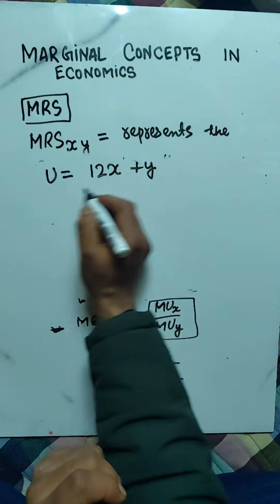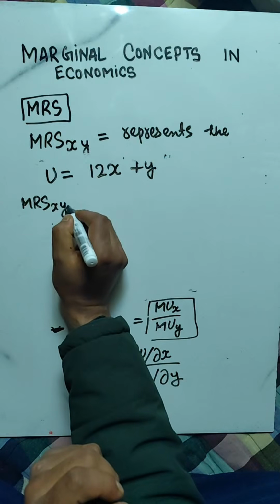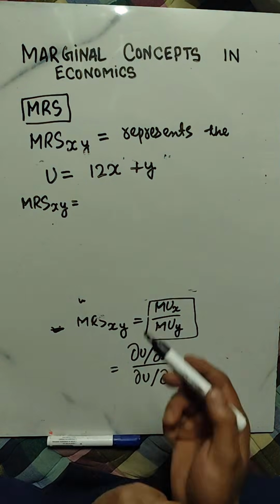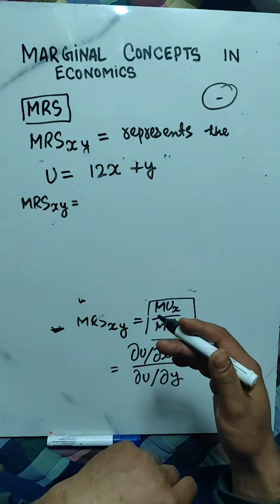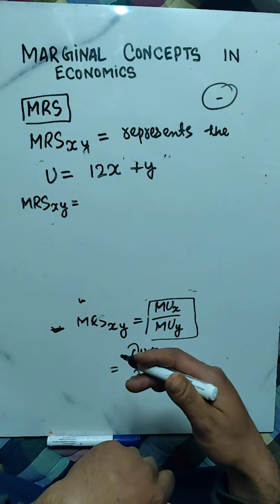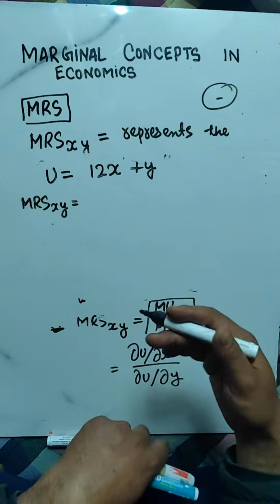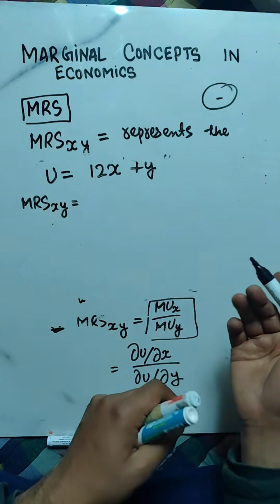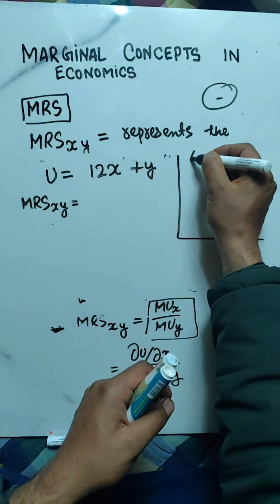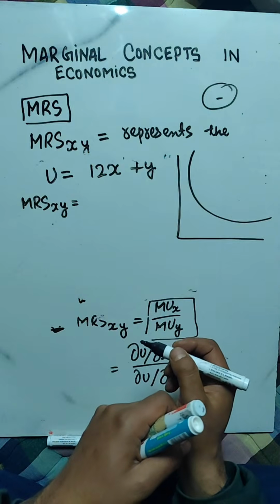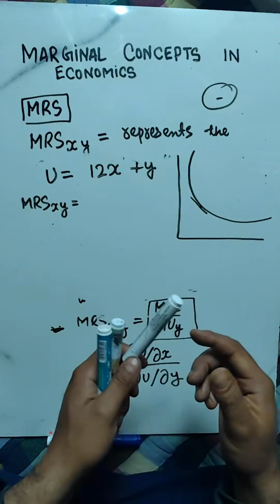If we are supposed to find out the marginal rate of substitution between good X and Y, remember, marginal rate of substitution will have the negative sign, because if we are consuming one more unit of good X, we are sacrificing some units of good Y. So on the graph, if we have this indifference curve, it will be downward sloping.